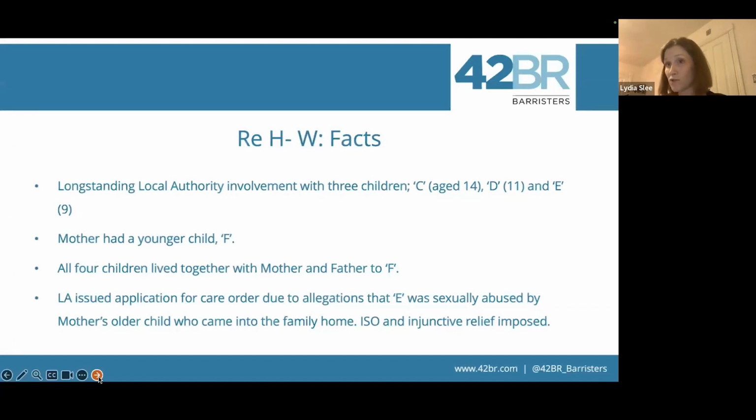That application was refused, and protective measures were put into place, including an interim supervision order and a non-molestation order preventing A from going to the family home.